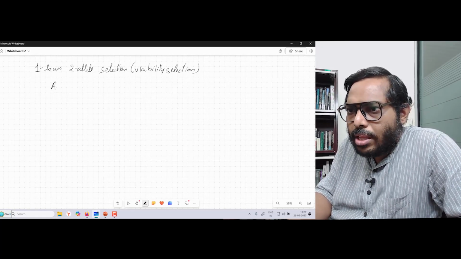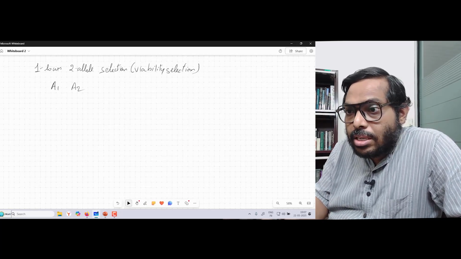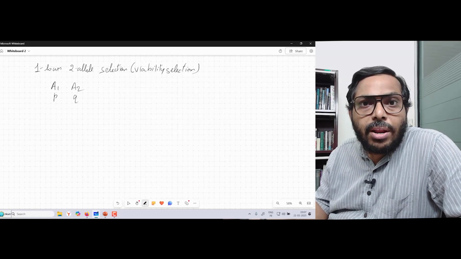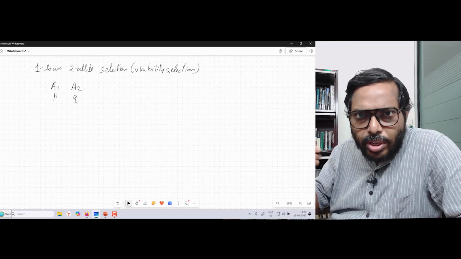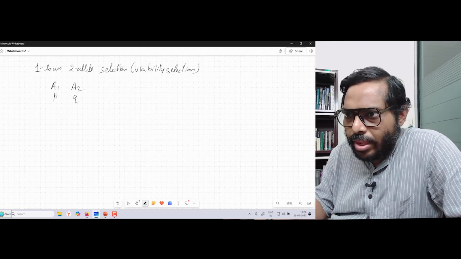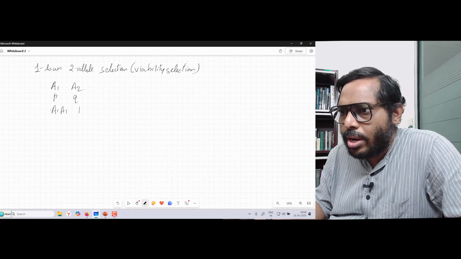Let us assume the alleles are A1 and A2, and let us further assume that their frequencies are P and Q, where Q is 1 minus P. So we will be going back and forth between Q and 1 minus P. Okay, so this obviously leads to 3 different genotypes: A1 A1, A1 A2 and A2 A2, right?